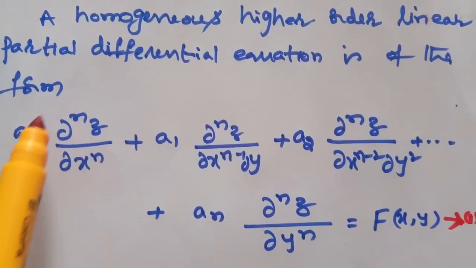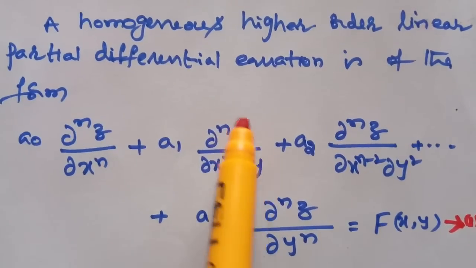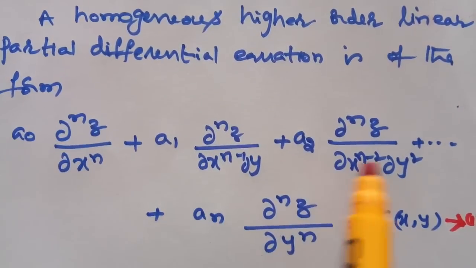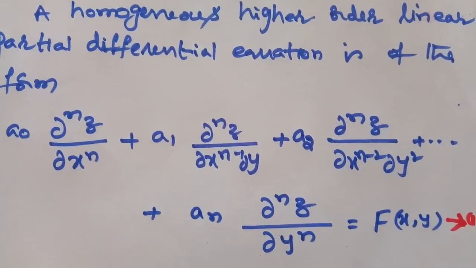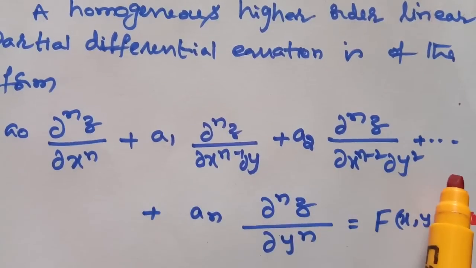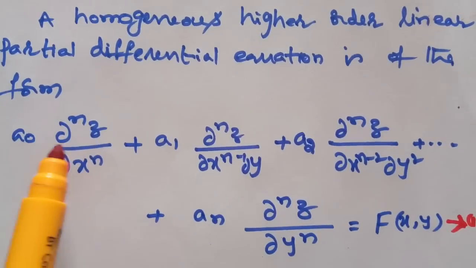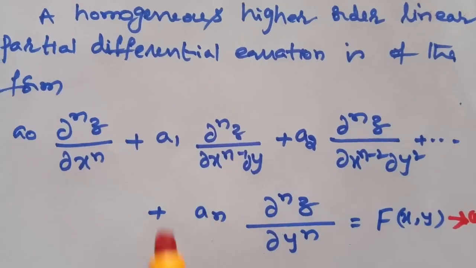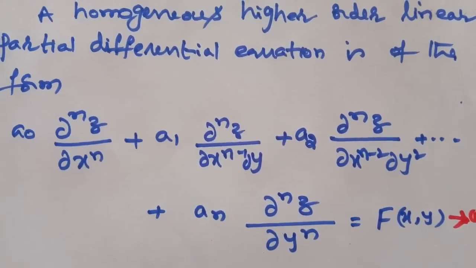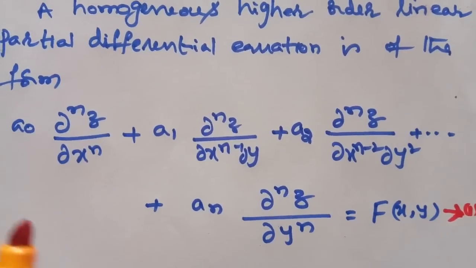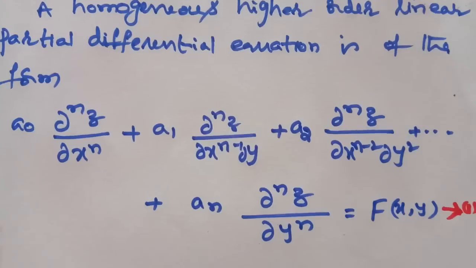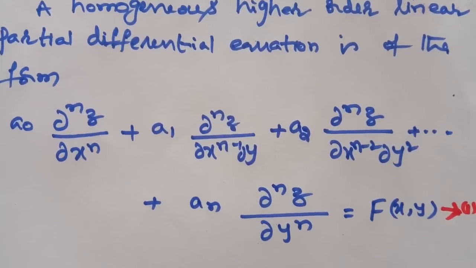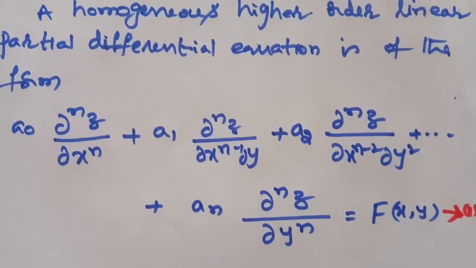Here you see that this is the nth order partial derivative, and here, and here, and here. In the entire expression, only the nth order derivative is involved. That n may be second order, third order, or fourth order, whatever the order. If the same order derivatives are involved in each term of the given partial differential equation, then it is called homogeneous higher order.